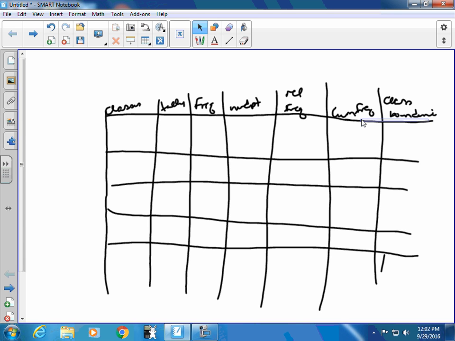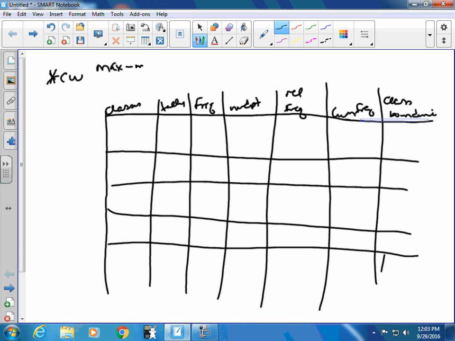Okay. So the first thing we want to do is find a class width. If you remember how to take a class width, anybody remember how to find the class width? Right? Find the highest and the lowest. Good. Find the maximum and the minimum. What do you do with them?